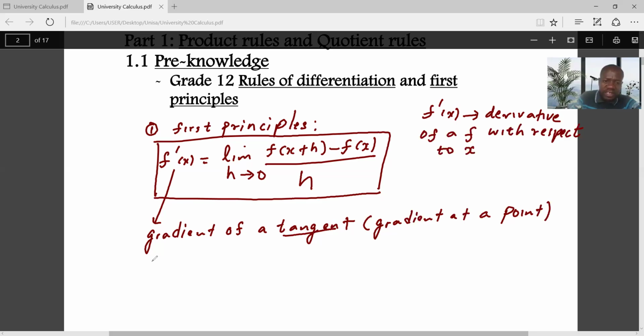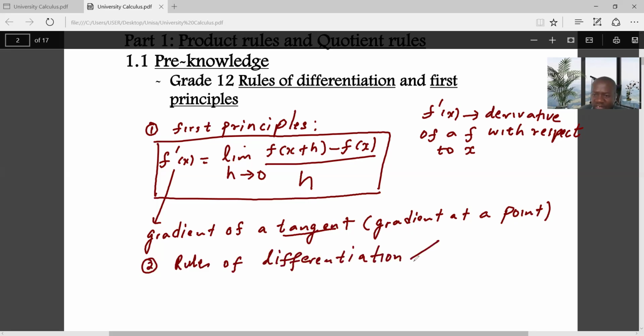Secondly, one must understand the rules of differentiation. In grade 12, there are 3 rules of differentiation that one must understand.